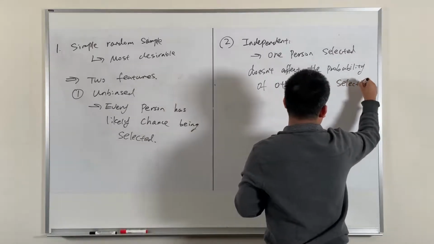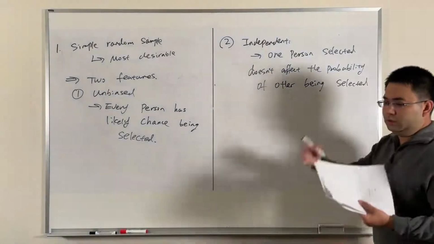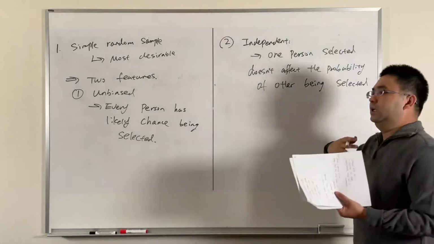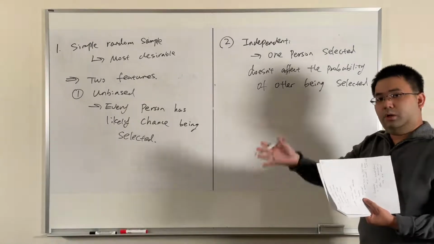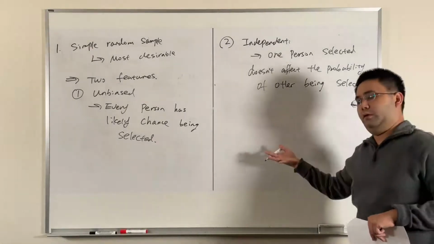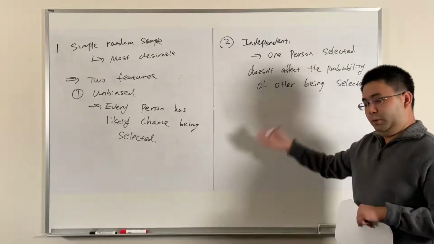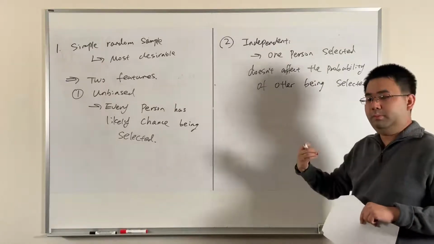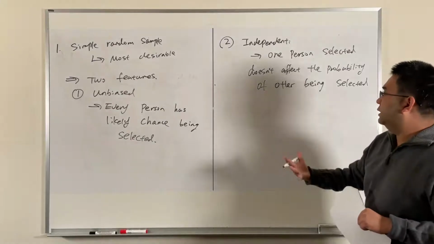So this concept is the same as the concept we talked about before. It's just that the probability of one object or one person being selected does not affect the one previous and the one after, right? So each single person drawn from the sample is independent from each other.